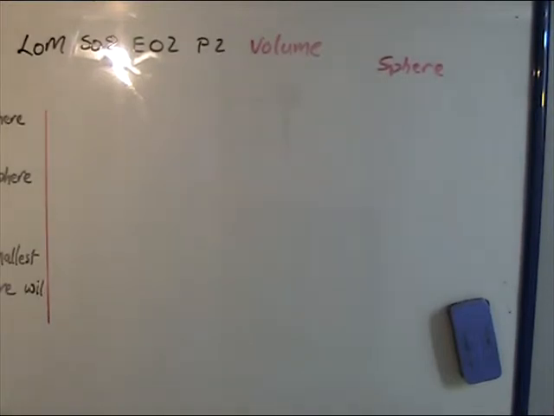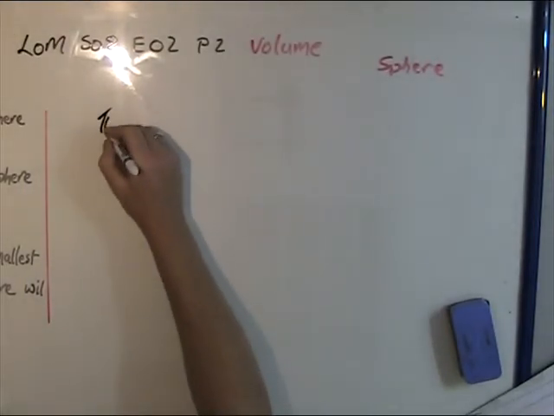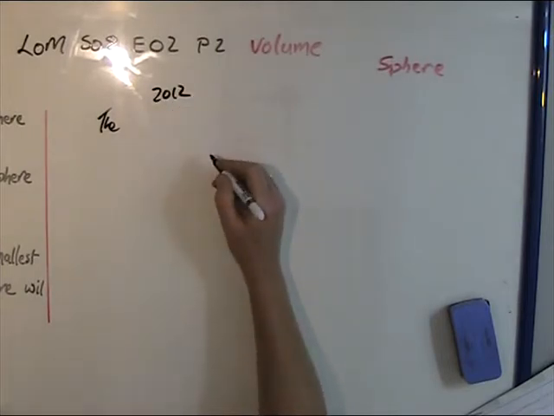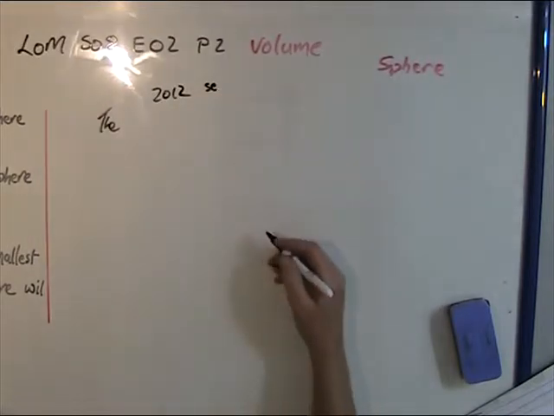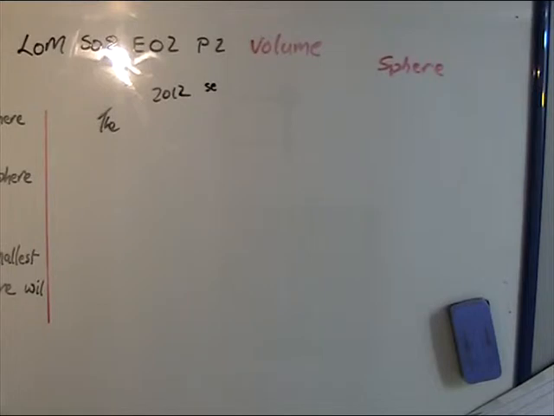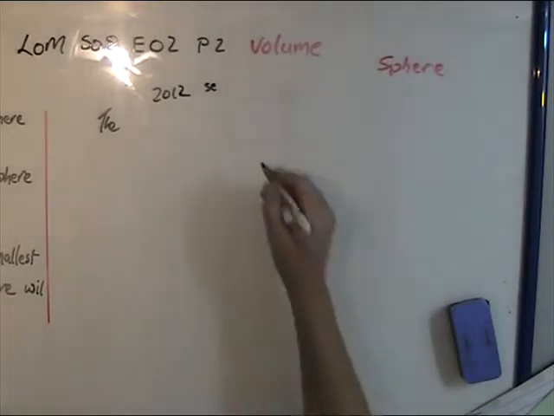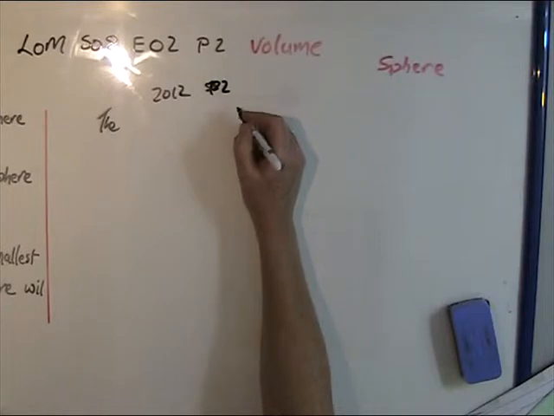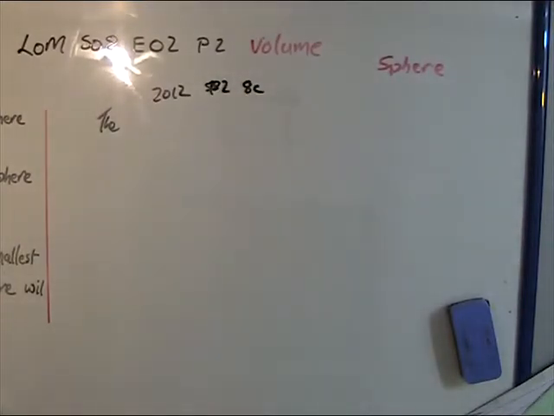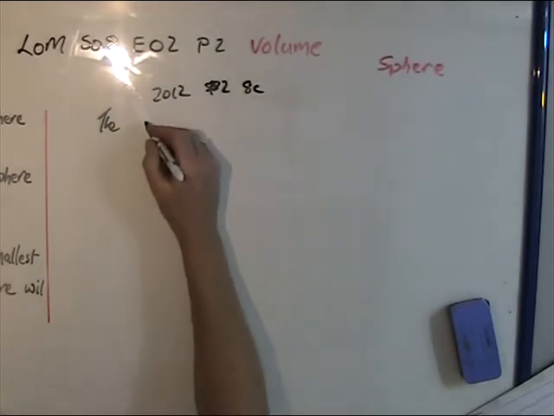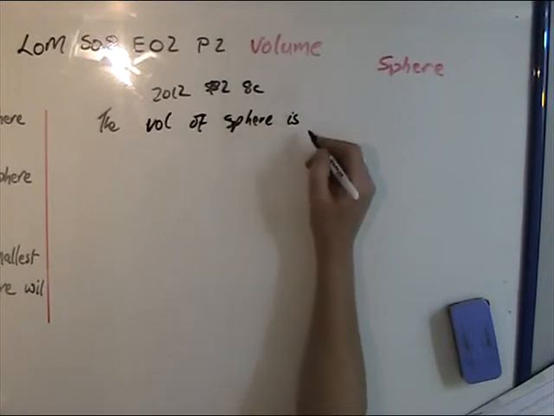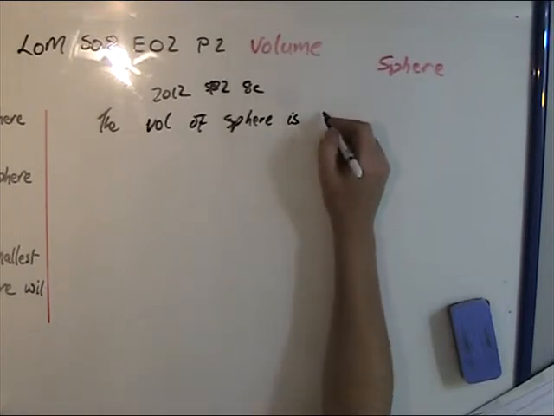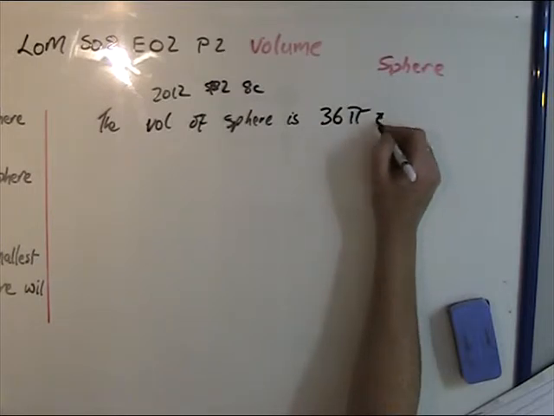It says the volume of a sphere is 36. This is 2012, section C. I've given before which one it is. So it's 2000 paper 2, paper 2, question 8C. And it says the volume of a sphere is 36 pi centimeters cubed.